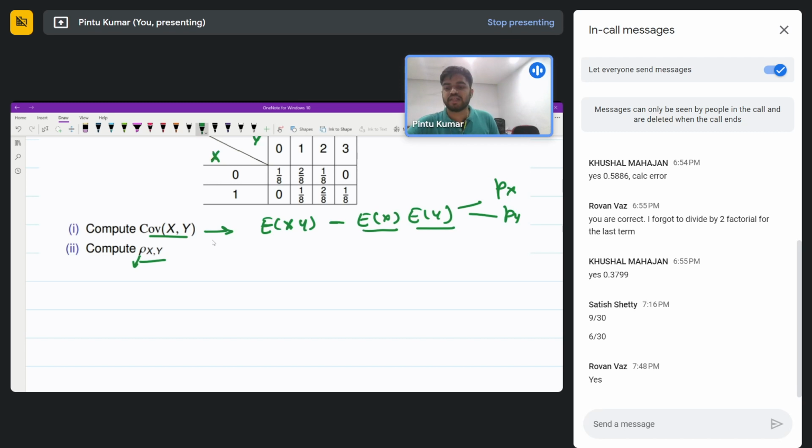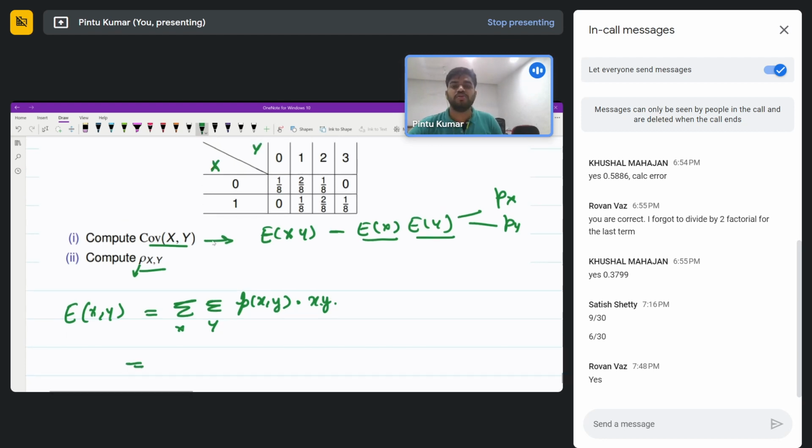So first of all, let's calculate expectation of xy. This is nothing but the summation over x and y of p of x comma y into xy. When x is 0 and y is 0, the probability is 1 by 8, but this is 0 into 1 by 8. Again, when x is 0, everything would become 0 only, so I am ignoring this row, and for this column also there is no need to write it down.